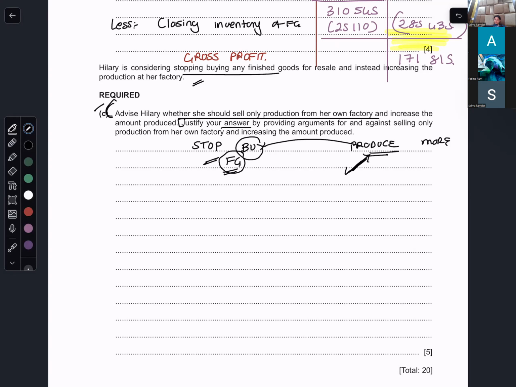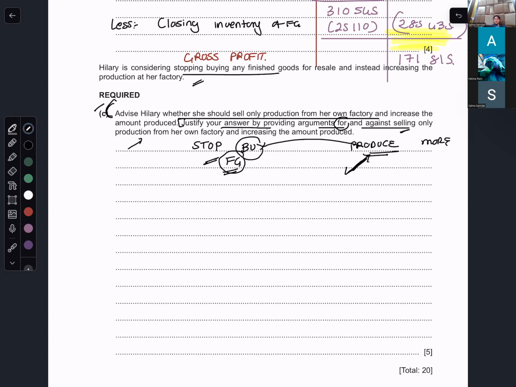Or justify your answer by providing arguments for and against selling only production from her factory and increasing the amount produced. So they want justification, arguments for selling only production from her own factory.